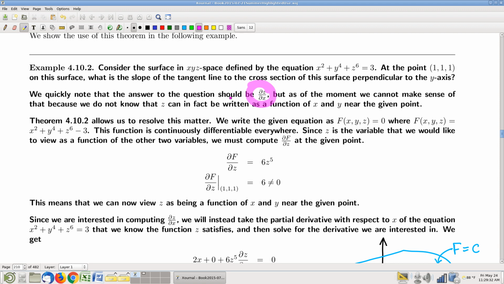So how do I establish if z is a function? I'm going to establish that by taking the partial with respect to z of the function whose level set I'm looking at. You could always leave the 3 on that side, instead of moving it over, if you want.